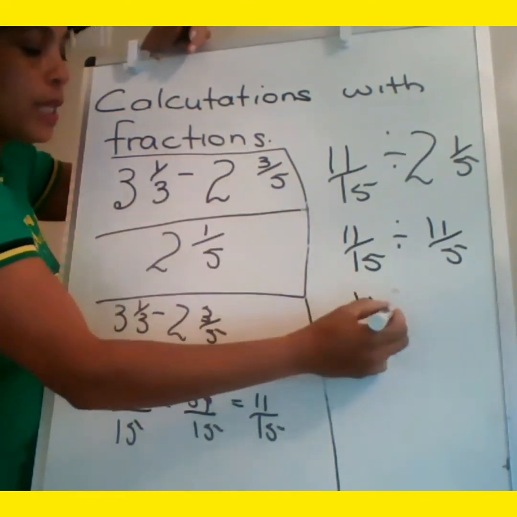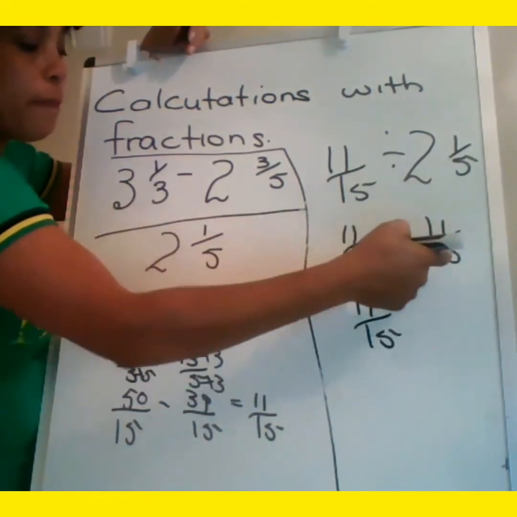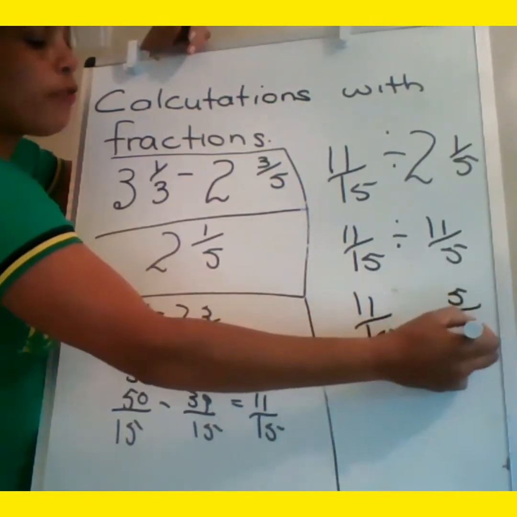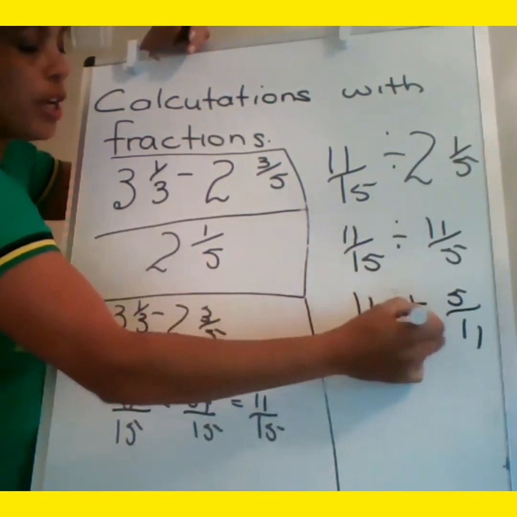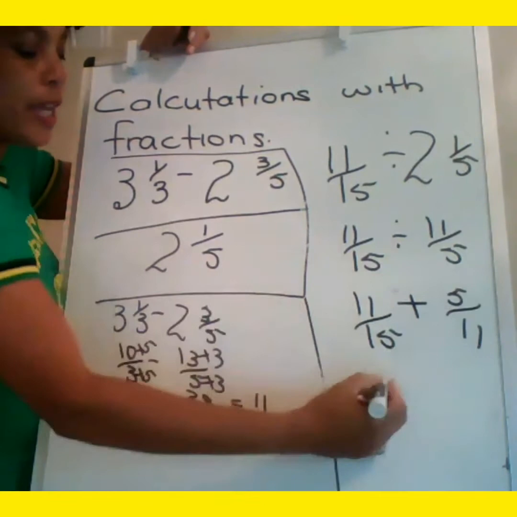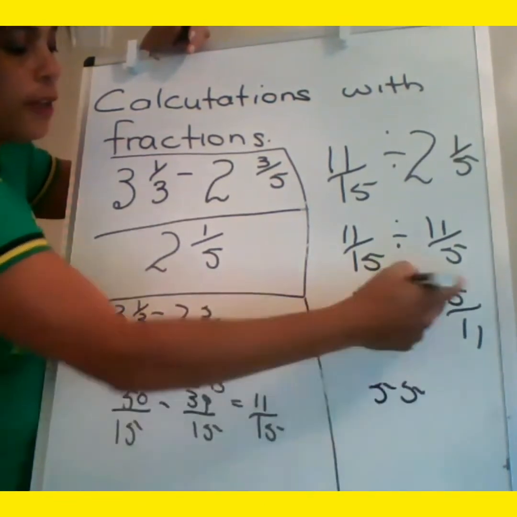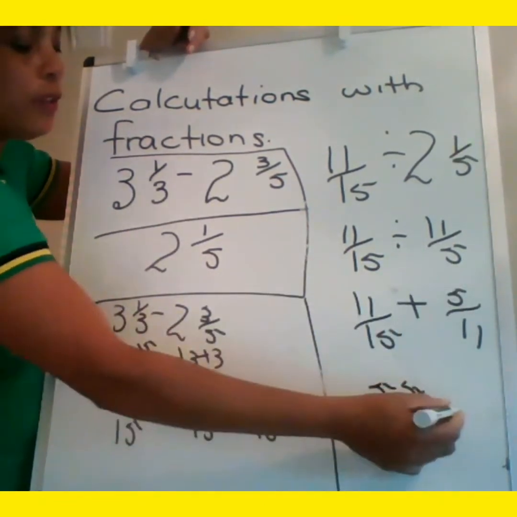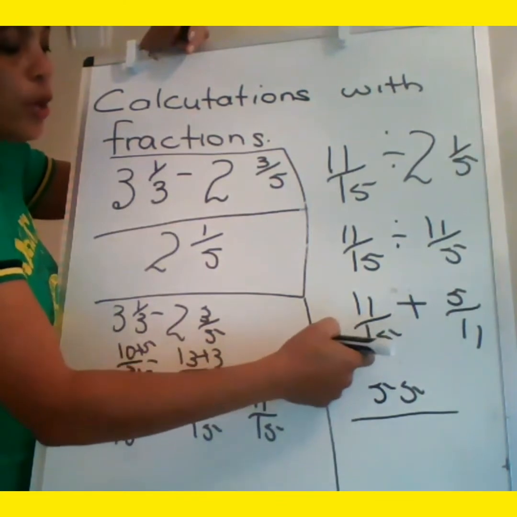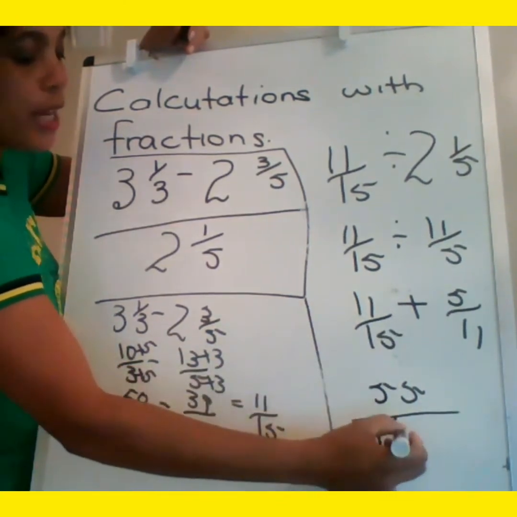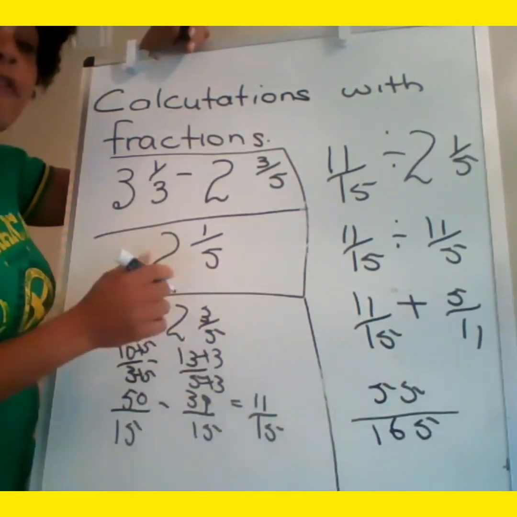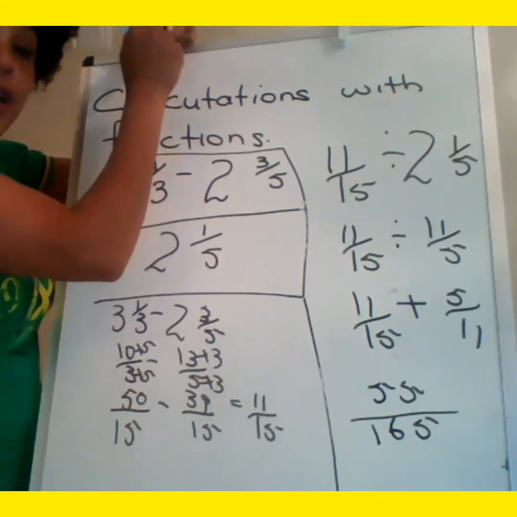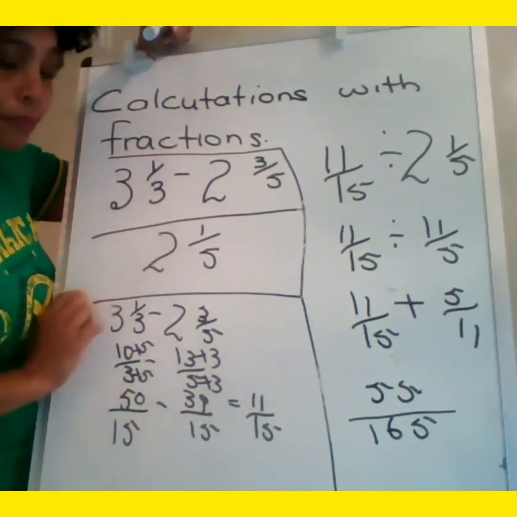Keep, which is 11 over 15. Flip, which is going to be 5 over 11, and change the sign. Now I get 11 times 5 is 55, and 15 times 11 is 165. So I have 55 over 165.